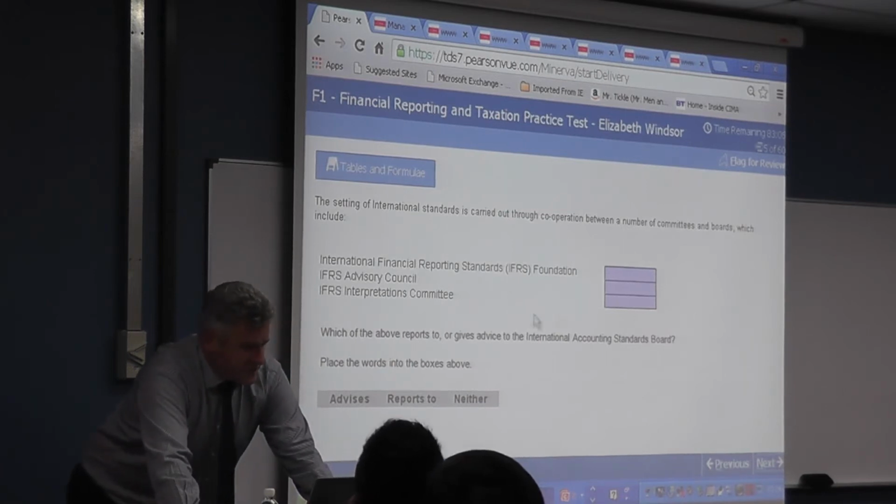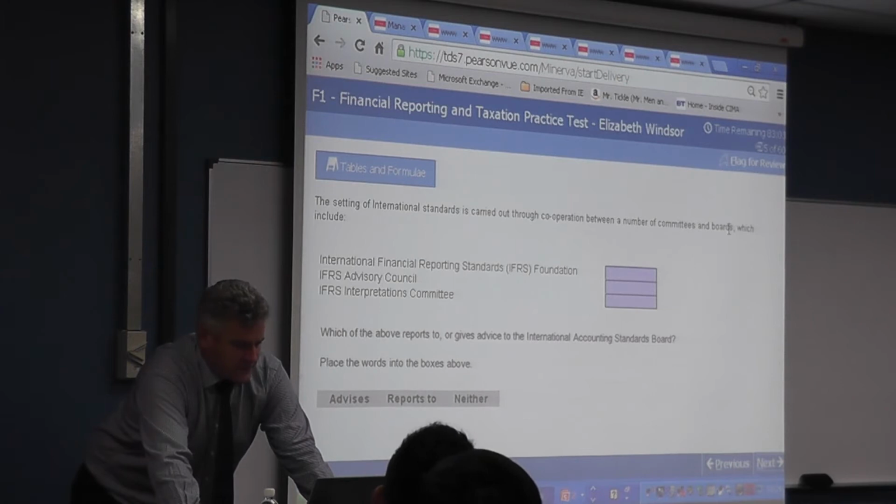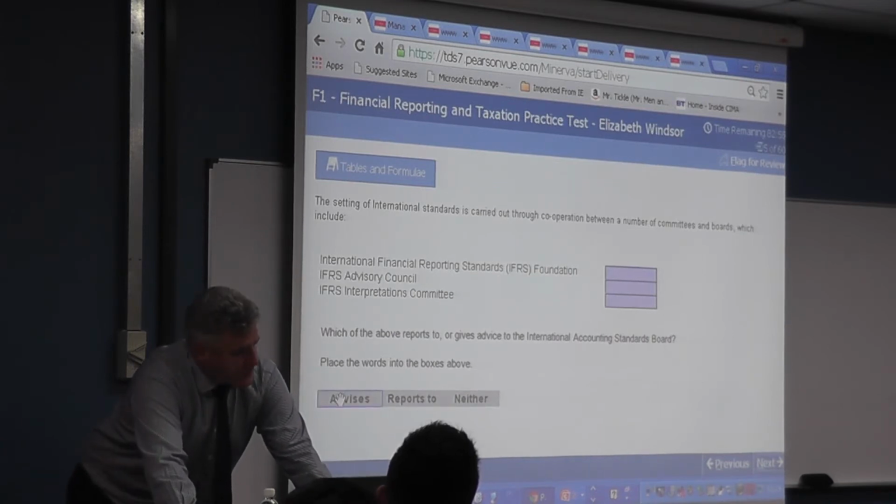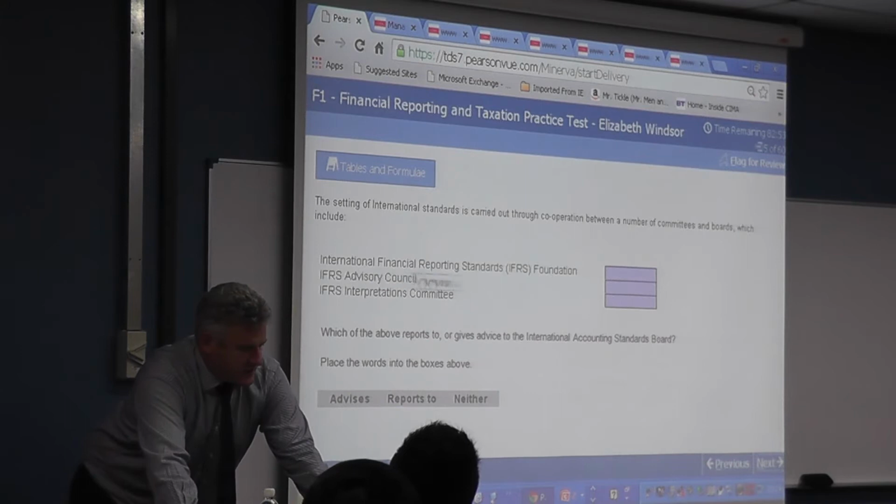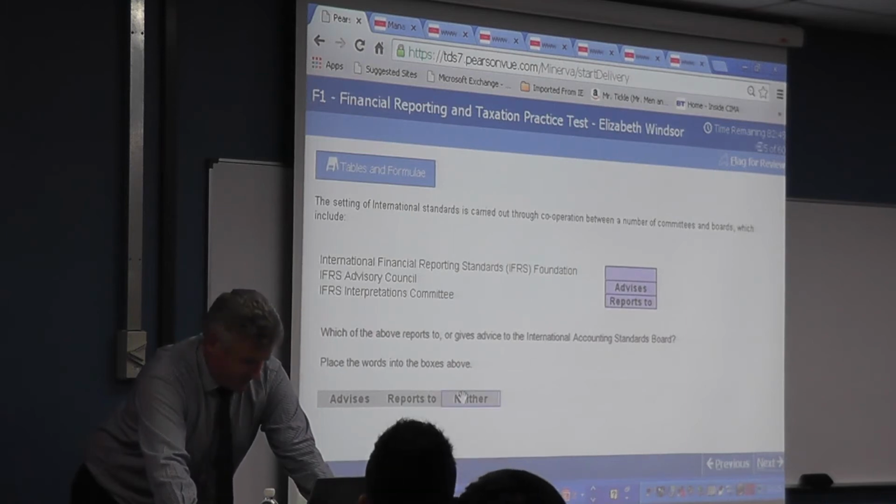Here's a different question. So that was question 4 that played it. This is a drag and drop question. There's 3 options, and an advisory council, I imagine, advises. A committee, I imagine, reports, and I've not even read the whole question, so I don't know who I'm kidding. International Accounting Standards Board, neither.